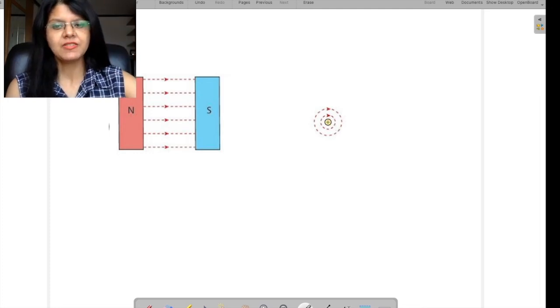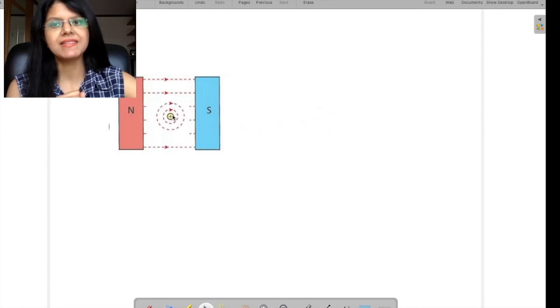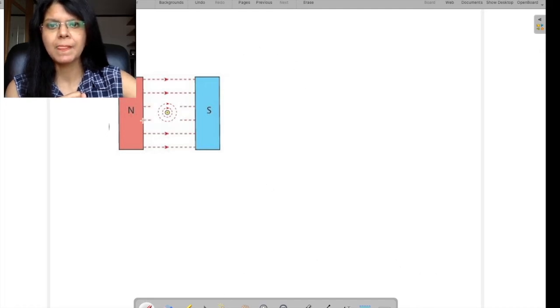So what we have to do now is take this wire and put it inside this magnetic field, in between the two magnets. What do you see here? The lines of force by the wire and the lines of force by the magnets are in the same direction.